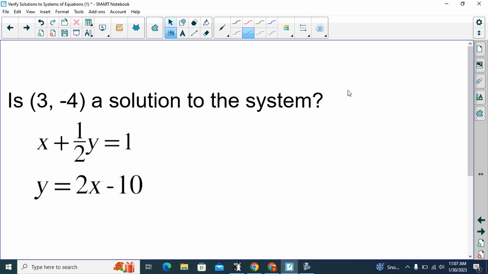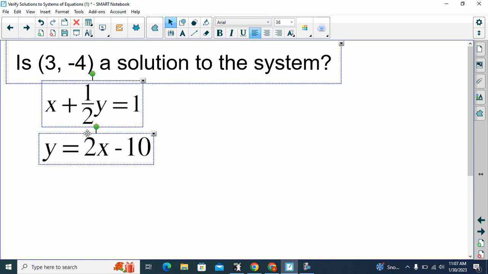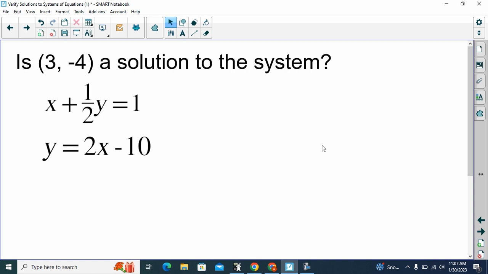Example 3, is the point (3, negative 4) a solution to the given system? Is (3, negative 4) a solution to the system x plus 1/2 y equals 1, and y equals 2x minus 10?